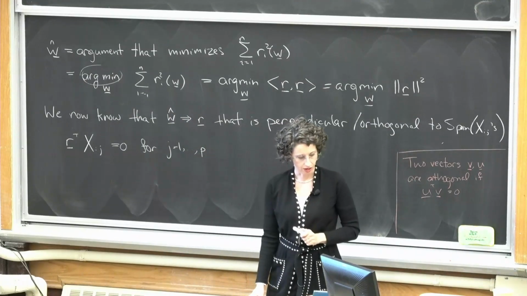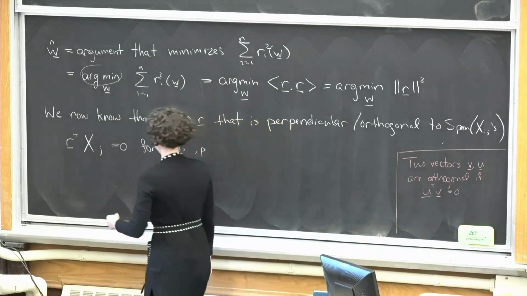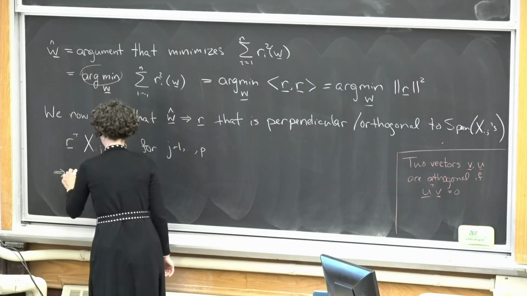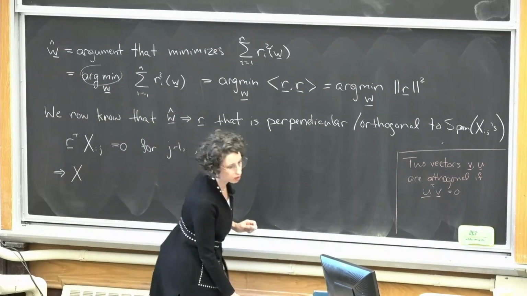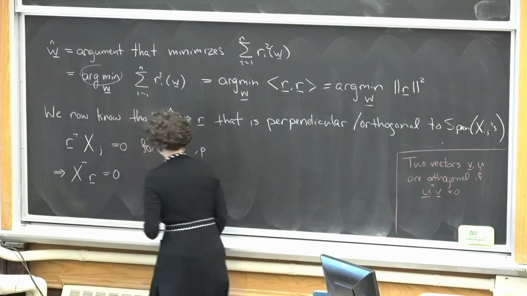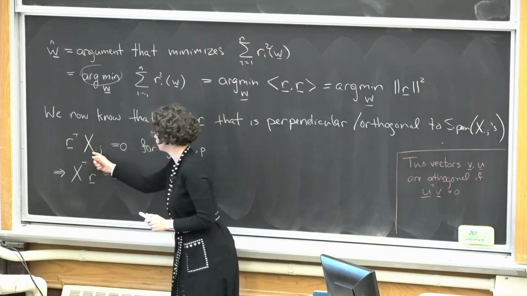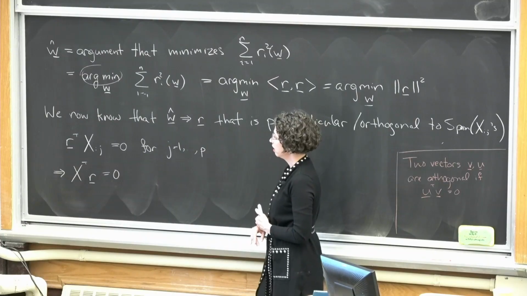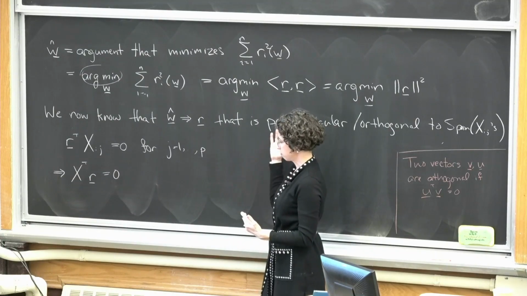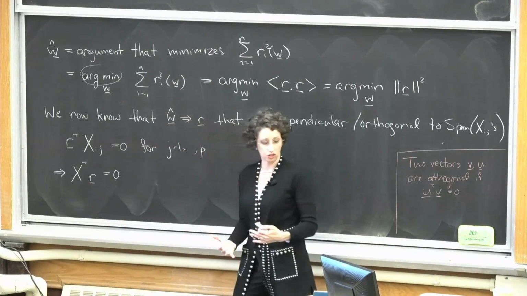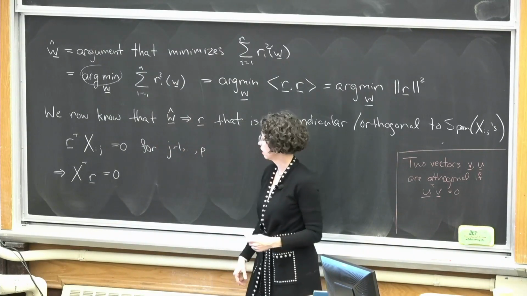Equivalently, I can stack all this together and say that x transpose R is equal to 0. I've got all of these xj's together in one big feature matrix X. So this orthogonality principle is telling us that x transpose times R has to be equal to 0.